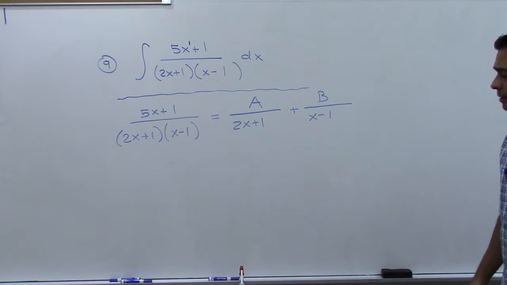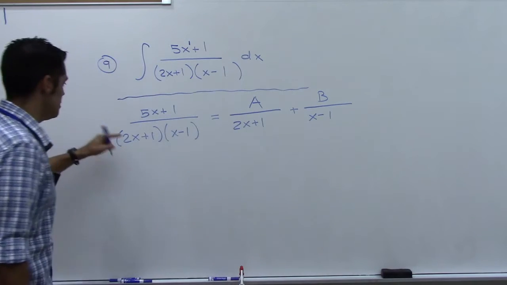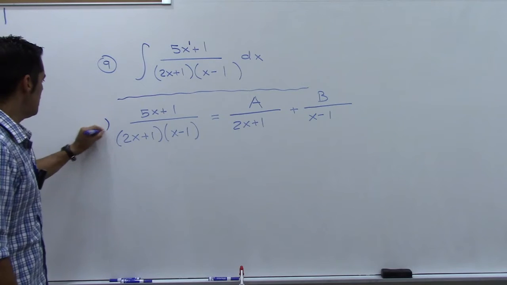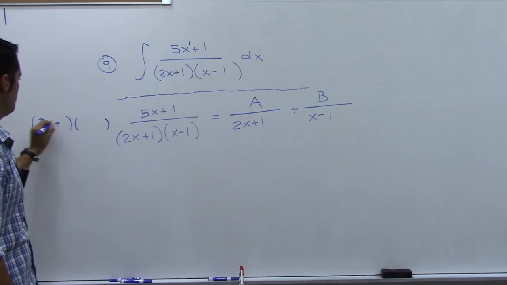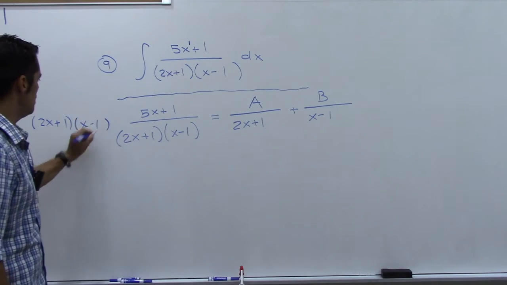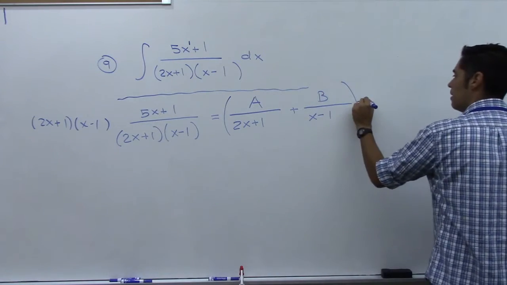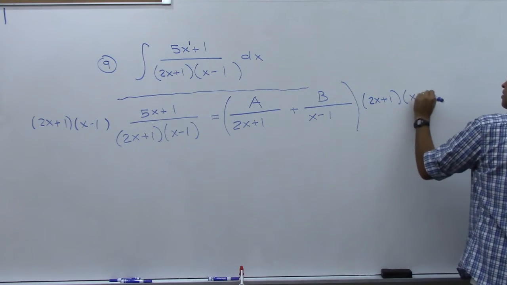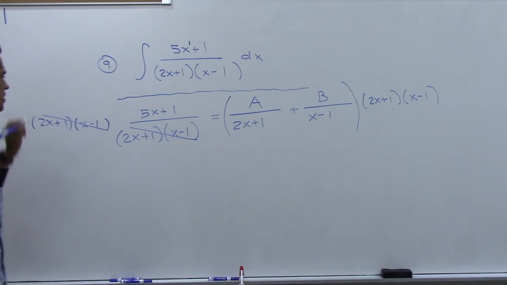So what we'll do now is we will multiply both sides of this equation by the least common denominator, which is going to be this. So I multiply the left side by 2x plus 1 times x minus 1. And then I multiply the right side by 2x plus 1 times x minus 1. And what happens is this whole denominator cancels here.